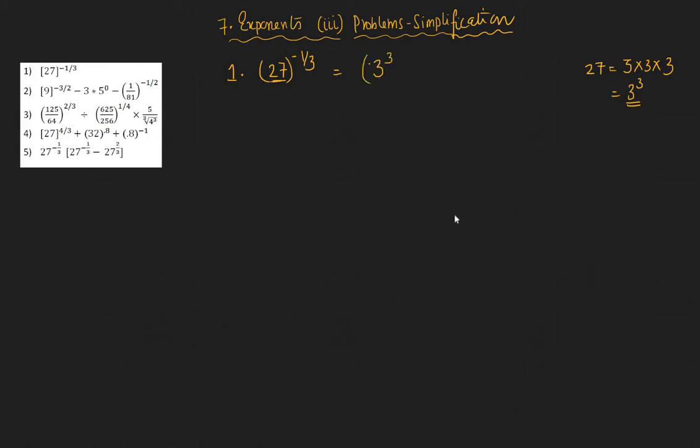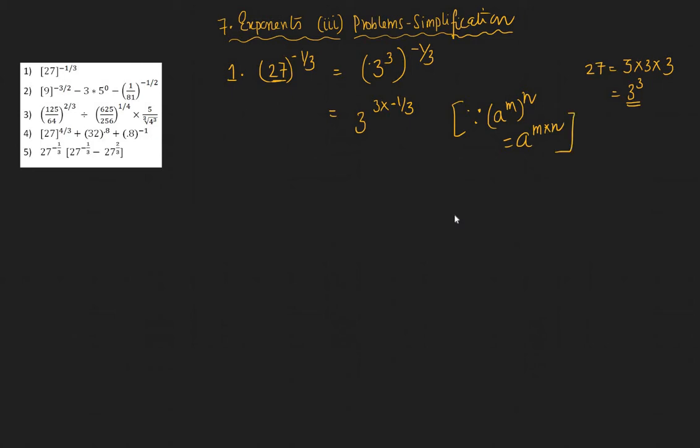So this is 3 cube power minus 1 by 3, or in other words this is 3 power 3 into minus 1 by 3, because you remember that if you have a power m power n, it's nothing but a power m into n.